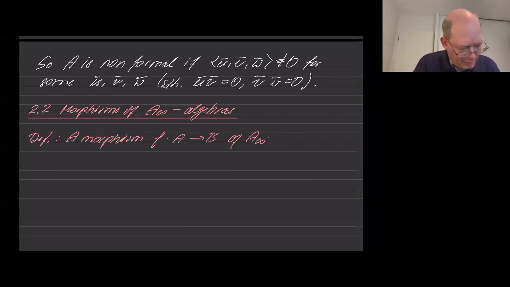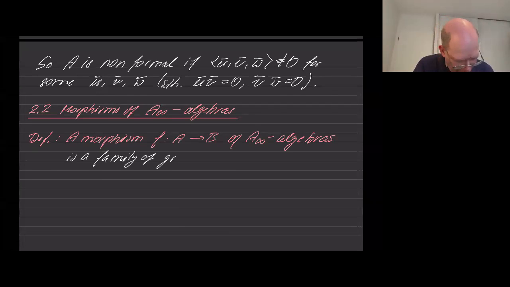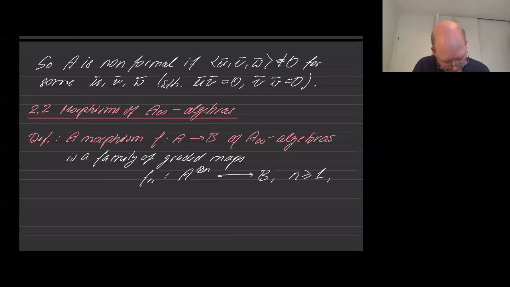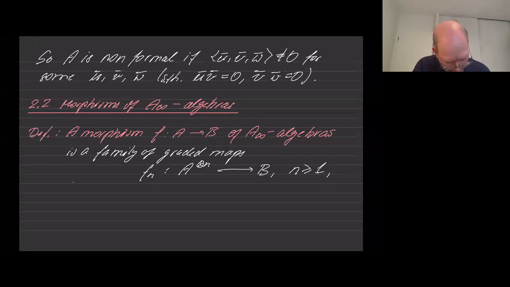It's not a map which commutes with everything, but it's a sequence of graded maps. There's a family of graded maps Fn on the nth tensor power of A to B, defined for all n greater or equal to 1, which are homogeneous of degree 1 minus n and satisfy the following conditions.